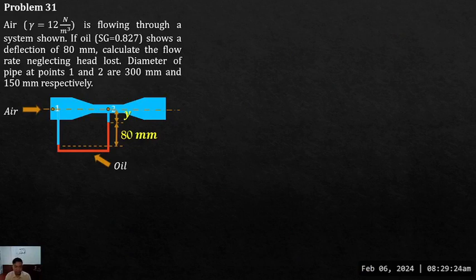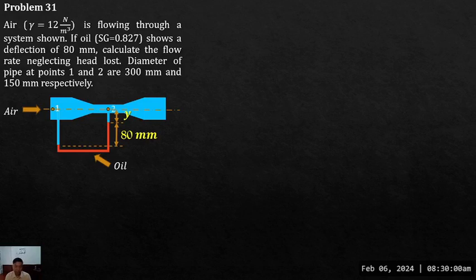Okay, so air with a unit weight of 12 Newton per cubic meter is flowing through a system shown. So, sa figure natin, meron tayo dyang Venturi meter na merong tube na nakalagay, in this case closed yung piezometer, kinonnect siya sa pitot tube, tapos parang naging U-tube manometer, no?